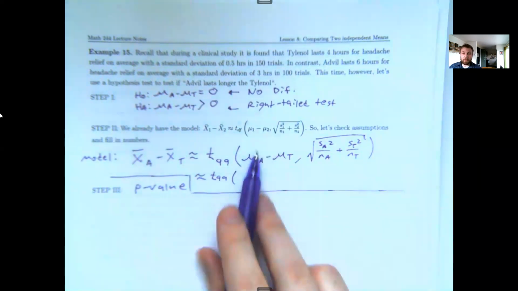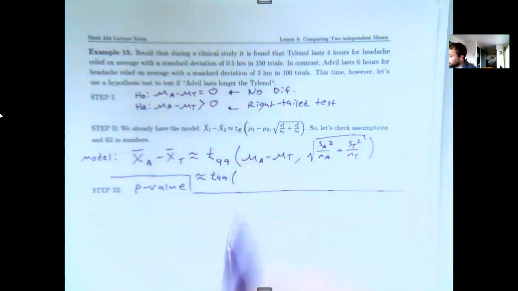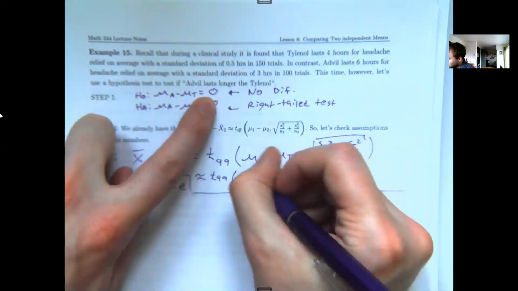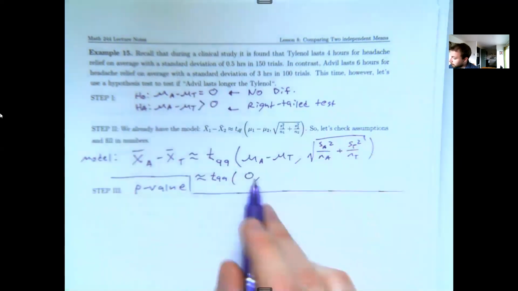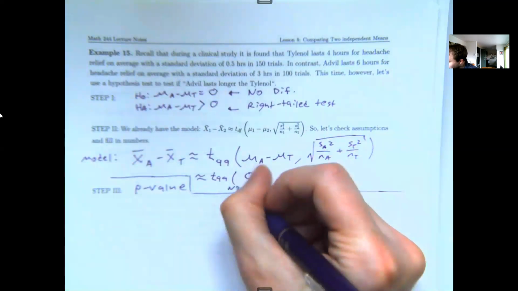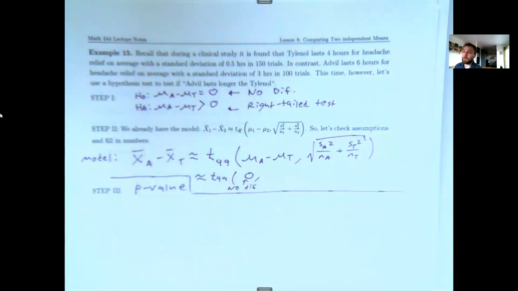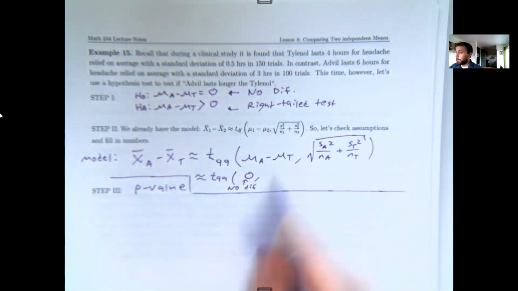Now I kind of luck out because in the null hypothesis, it's claimed that mu A minus mu T is equal to 0. The claim is that there is no difference between the two averages. And we assume that's true when we're coming up with the model. We're going to look at the likelihood of the sample data or more extreme if this null hypothesis is true.